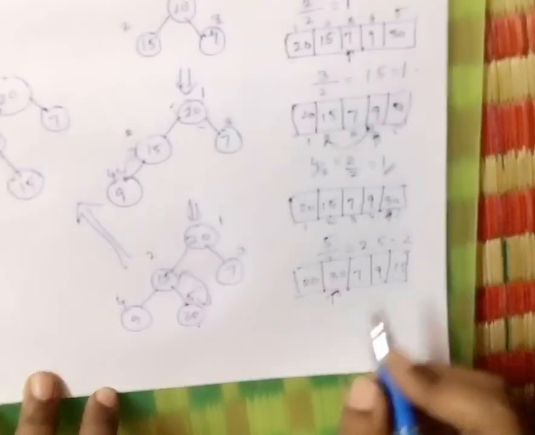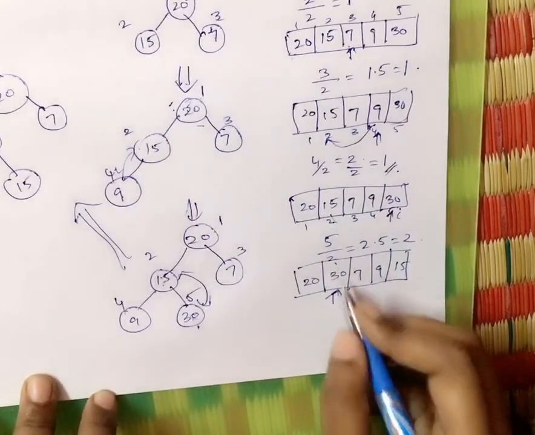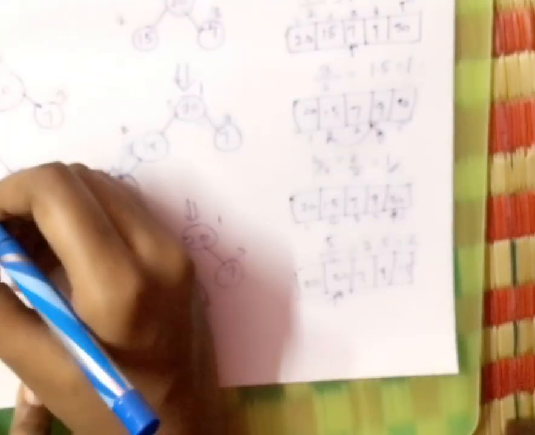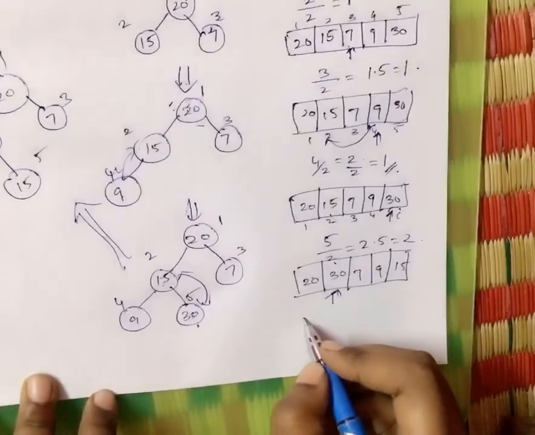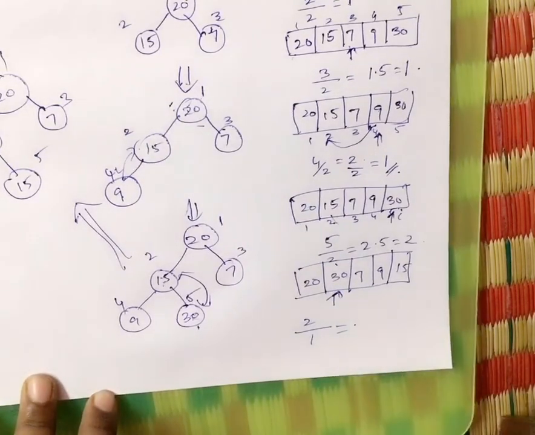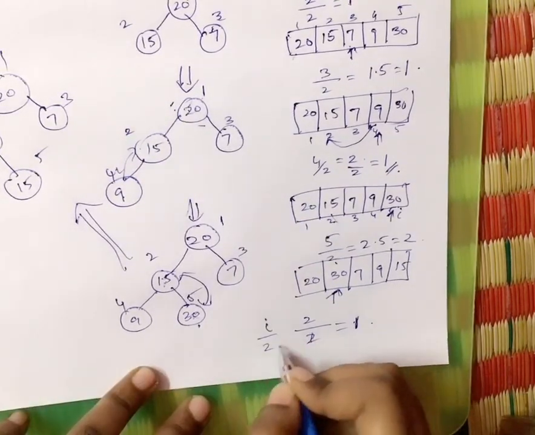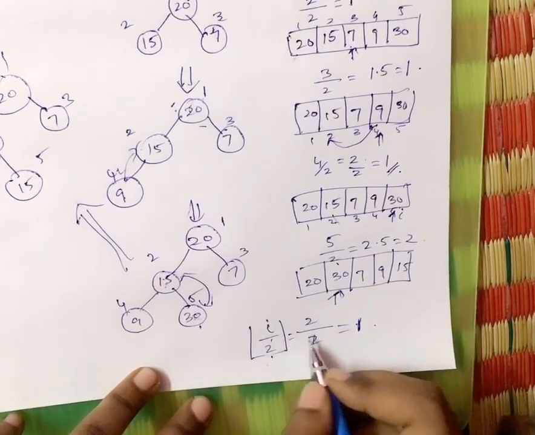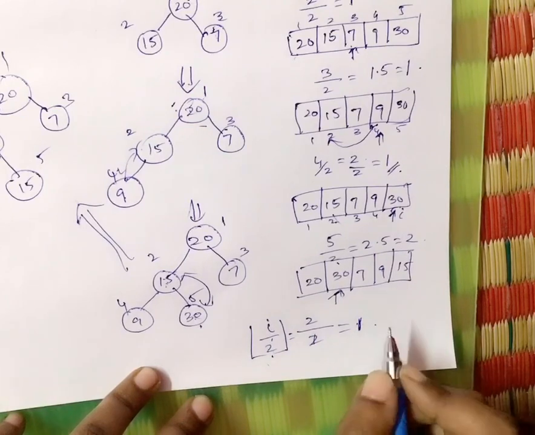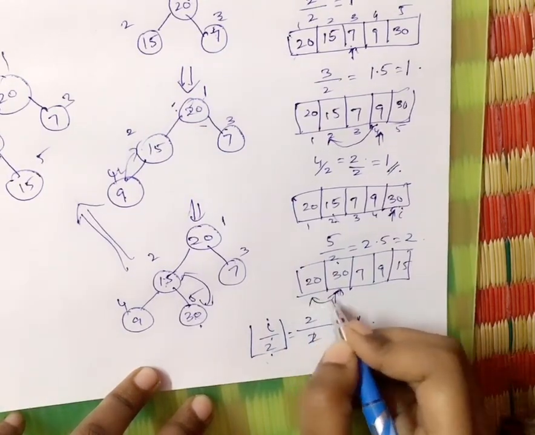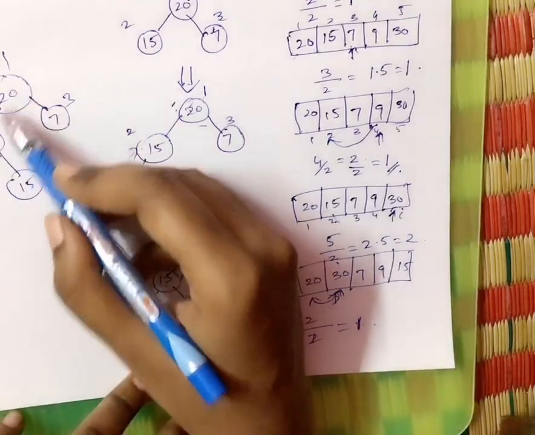Now the pointing value is here. 30 is now at position 2. So I value is now 2. Don't forget the formula: I is equal to I divided by 2. So 2 divided by 2 is equal to 1. I am going to compare this element with the 1 position. Now compare these two values, 30 and 20.